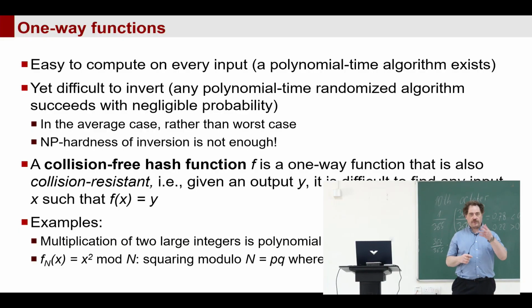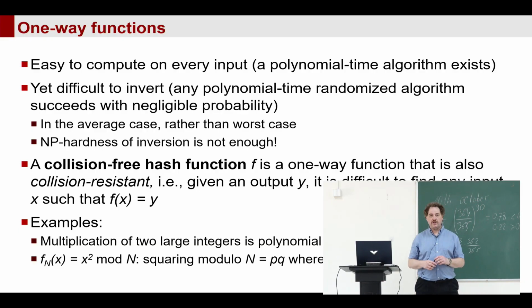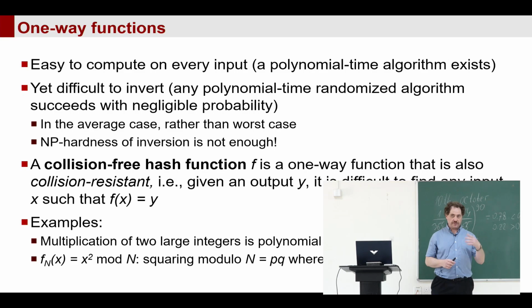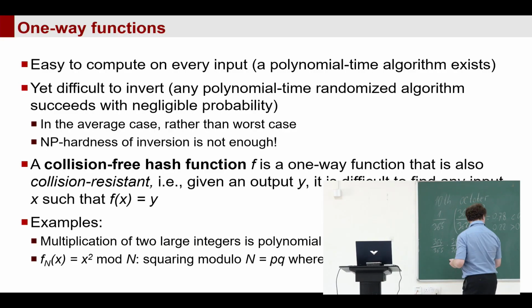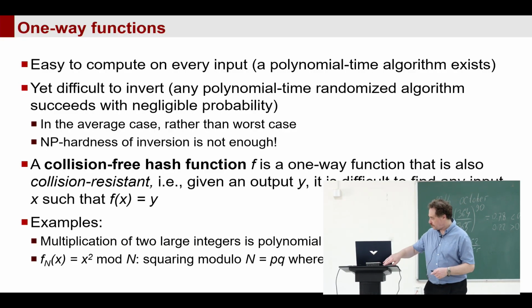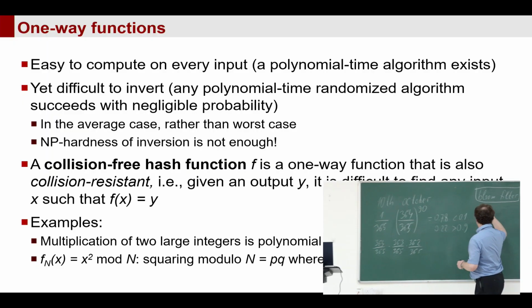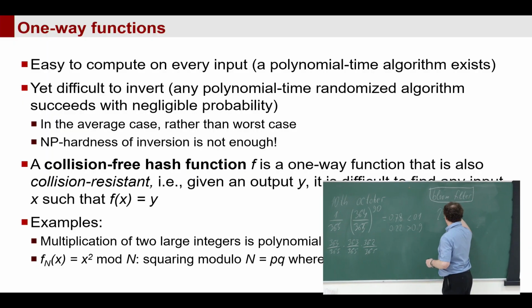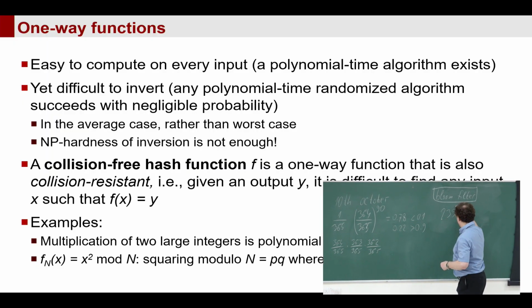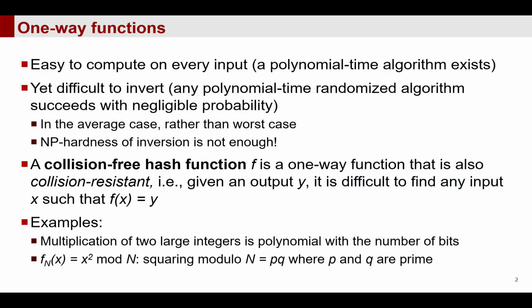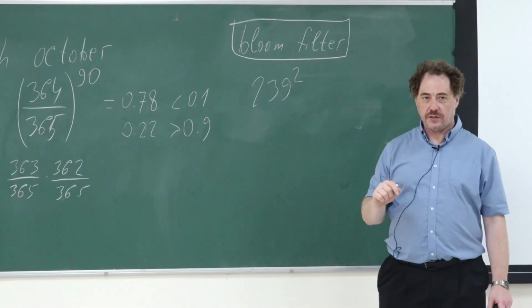Take, for example, one of my favorite prime numbers, 239. If I give you 239 and ask you to compute 239 squared, you would be able to do it easily.